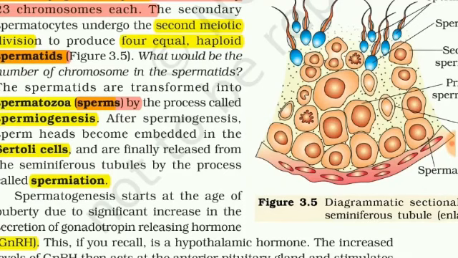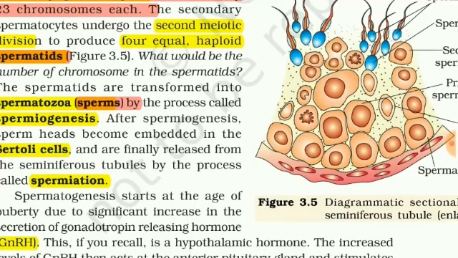You have already learned that Sertoli cells are present in the seminiferous tubules and provide nutrition to the developing sperm. Here the spermatid attaches to the Sertoli cells and gets nutrition.